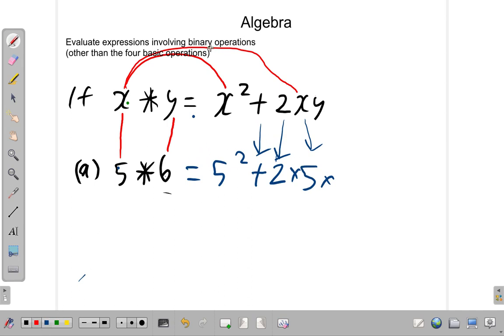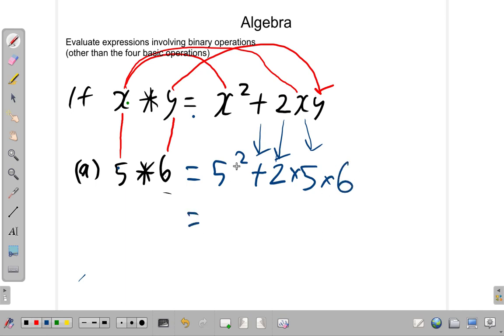You have the y over here coming at the end of this part of the expression. So that same thing will happen to the 6. The 6 will come over here at the end. Alright? So what you're going to have is 6.